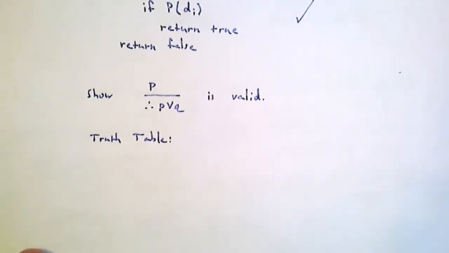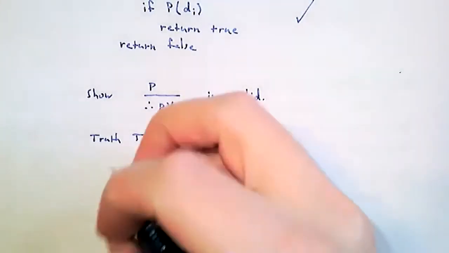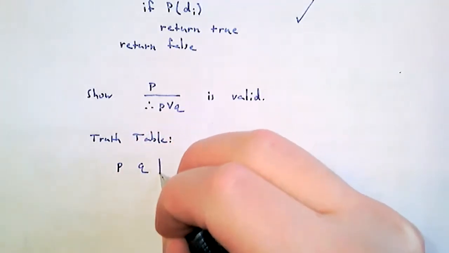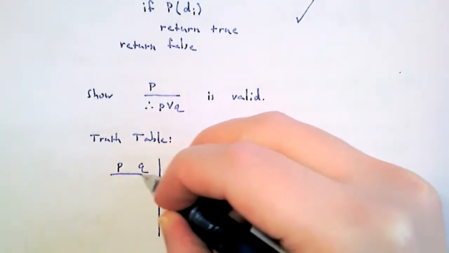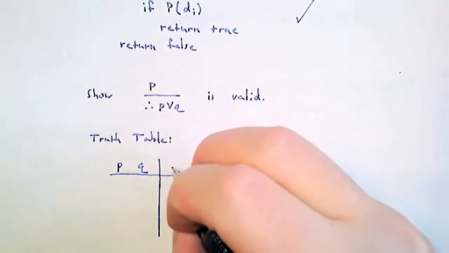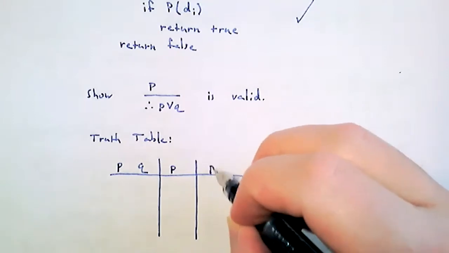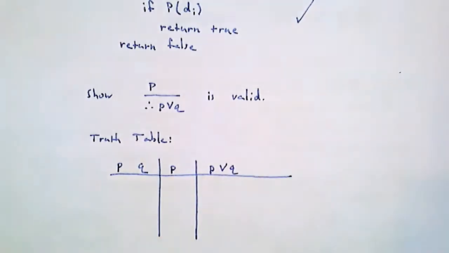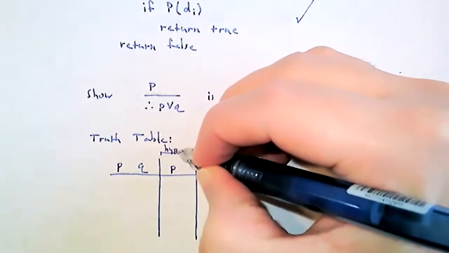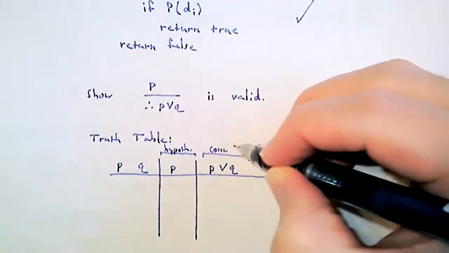And you want to make sure you have columns for each of the hypotheses and another column for the conclusion. And we'll have two simple propositions P and Q. And we need a column for our hypothesis and another column for the conclusion. This is a short argument, so there's not much to put in. So there's the hypothesis, there's the conclusion.